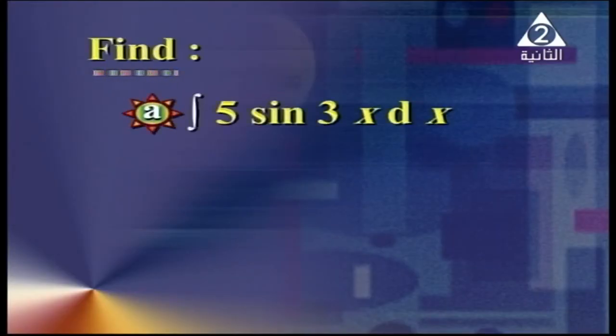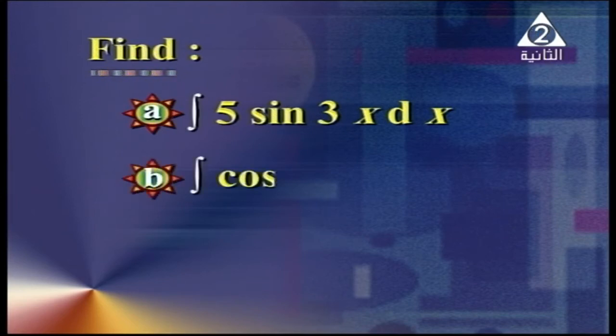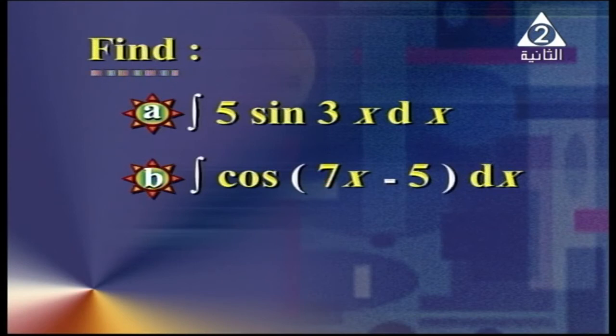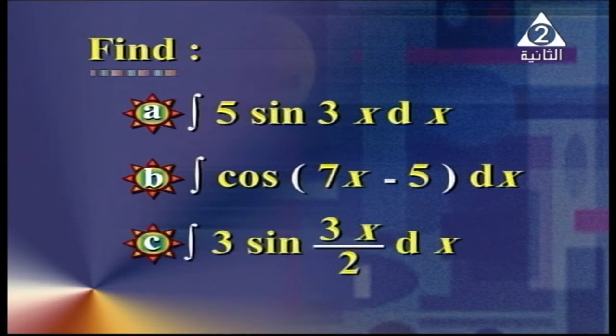Example: find the integration of: A, 5 sine 3x dx. Number B, cosine of the bracket containing 7x minus 5, dx. Number C, integration of 3 sine of 3x over 2 dx.